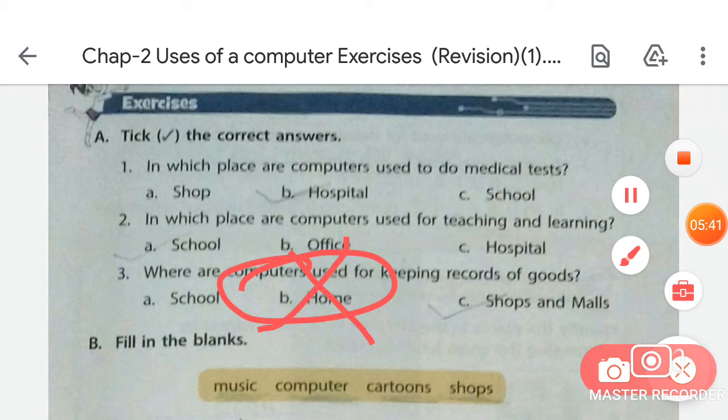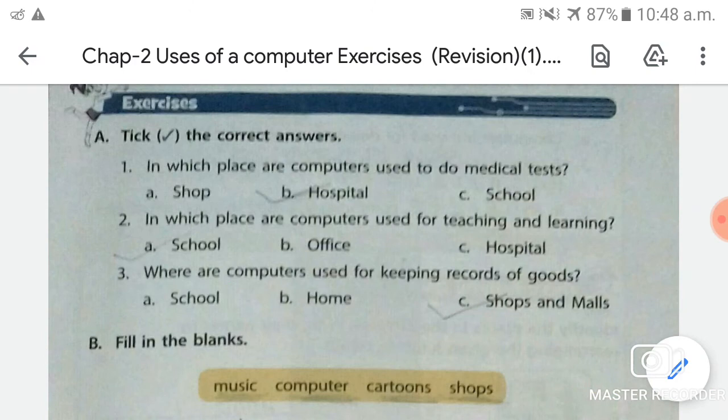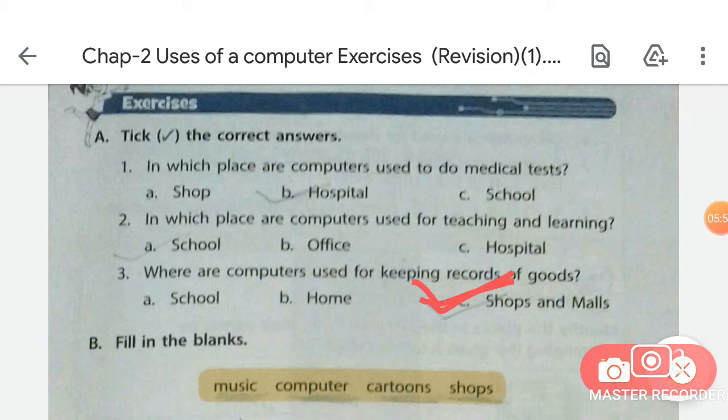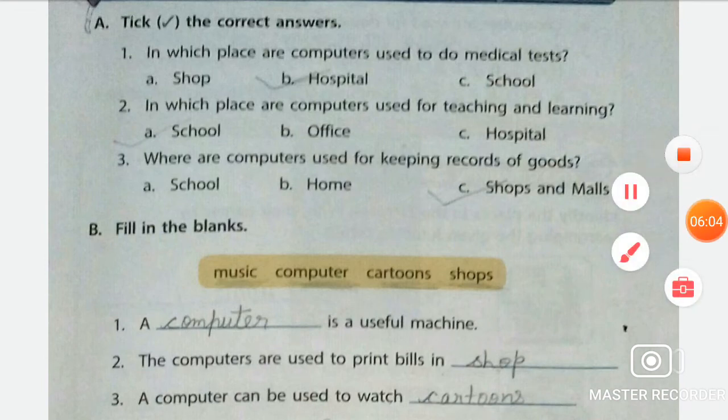No, we do not keep records in the computer at home. Is it school? No, it's also wrong. So the correct answer is option C. You have to tick on option C like this. Very good.